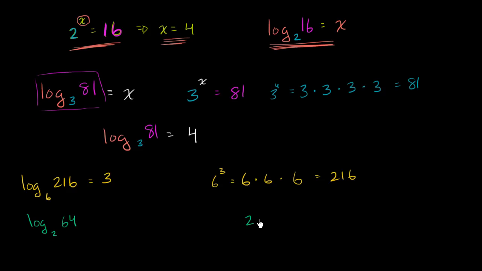So 2 to the first power is 2, 2 to the second power is 4, 8, 16, 32, 64. So 2 to the 6th power is equal to 64. So when you evaluate this expression, you ask, what power do I have to raise 2 to get to 64? Well, I have to raise it to the 6th power.